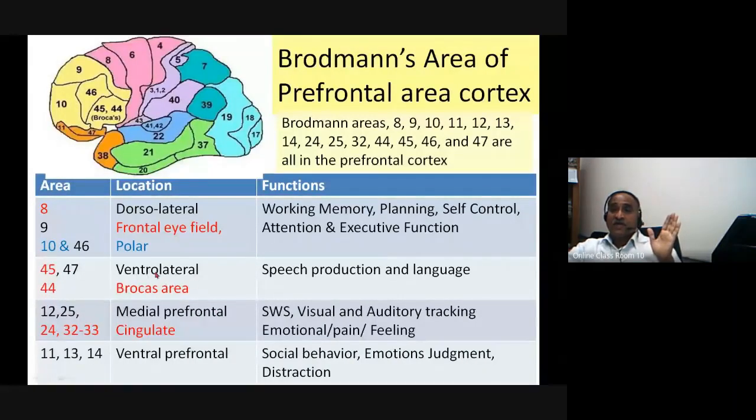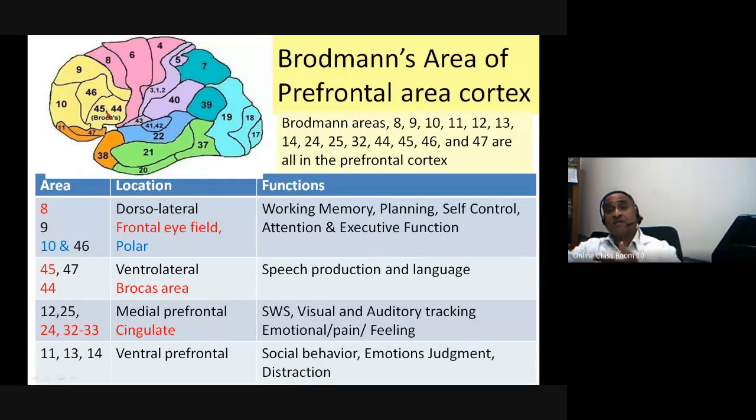The ventrolateral is 47. 47 is here, and this is for the language. 44 and 45 are the Broca's area, that is speech production. 47 is for the language, and the language is what words to be used, how to be used, what is the synthesis of those words. All those things are there in the 47. 44 and 45, it executes those words.